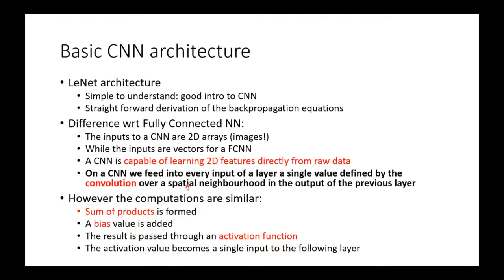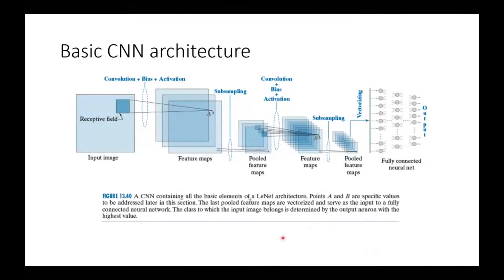It's a convolution over a spatial neighborhood in the output of the previous layer. All the rest is very similar. It does a sum of products, it uses a bias value, and the result is passed through an activation function. The activation value becomes a single input to the following layers, and so on and so forth. That is the architecture of a basic convolutional neural network.